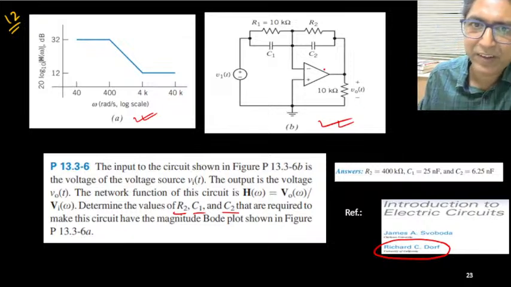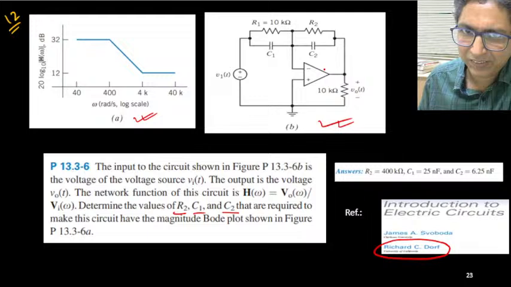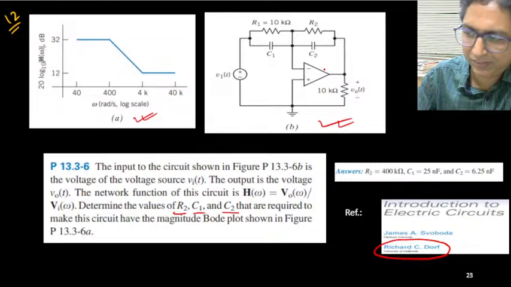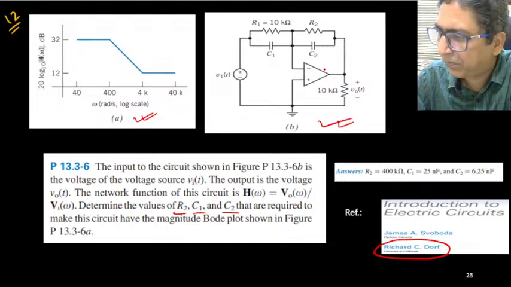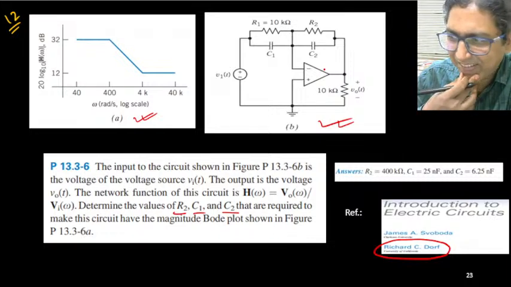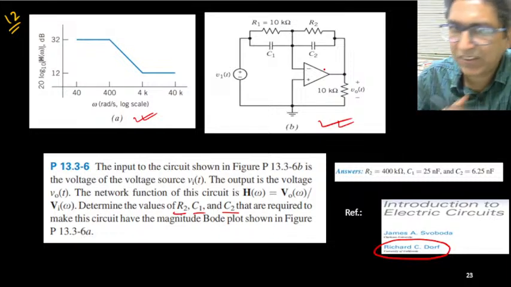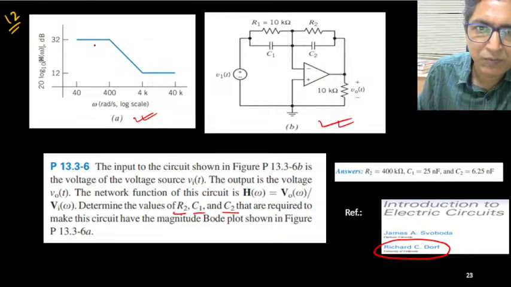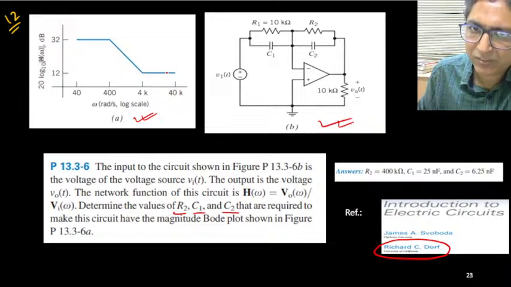And can you identify the filter type? Anyone, please? What kind of filter is it? Low pass, high pass, band pass? From the magnitude plot only you can understand. What is the filter type? It's a low pass filter because for lower frequency it is a high magnitude, then it is falling, then it is kept constant here, fine.